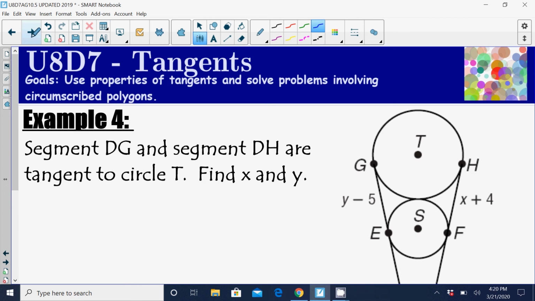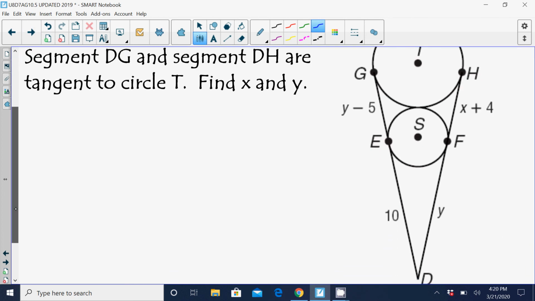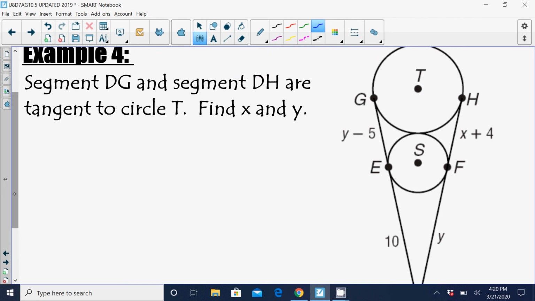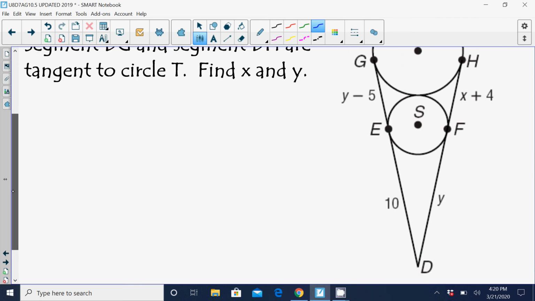Okay, looking at this diagram right here, it says DG and DH are tangent to circle T. Find X and Y. DG and DH are tangent to that top circle. It looks like they're touching circle S at one point as well.